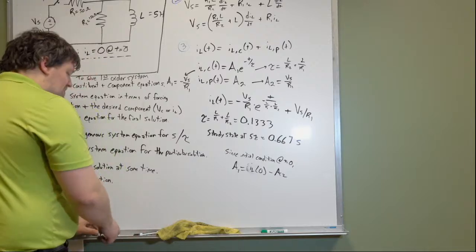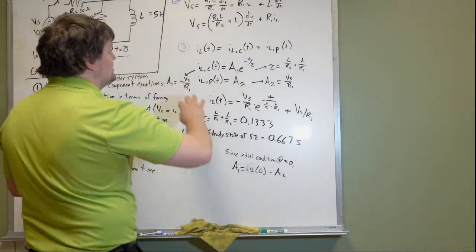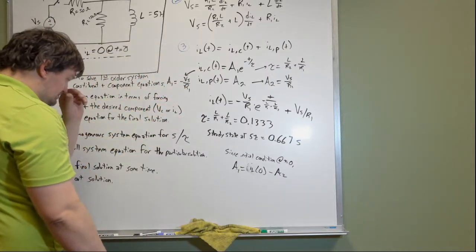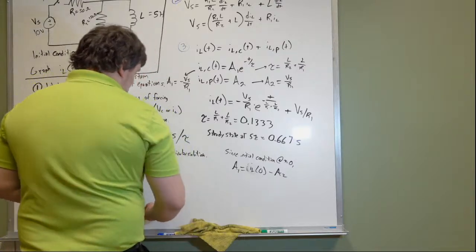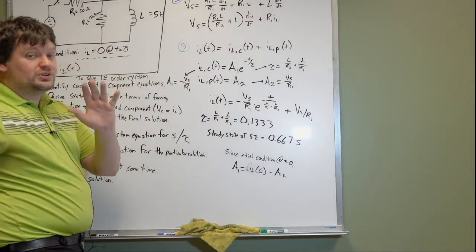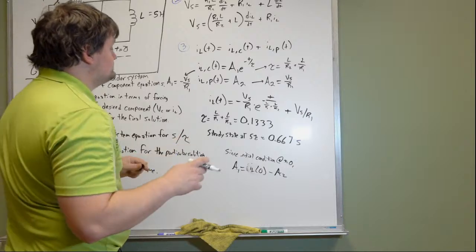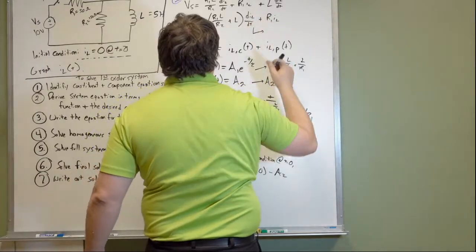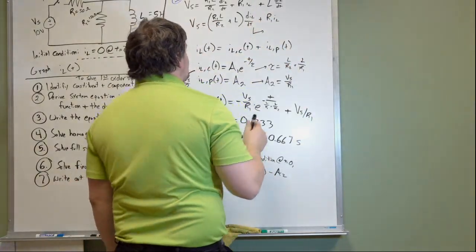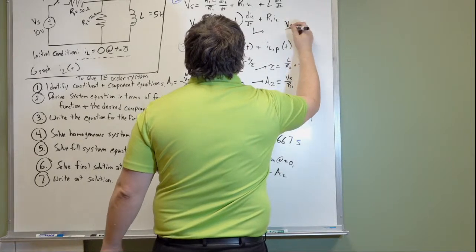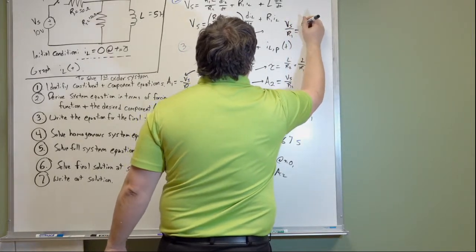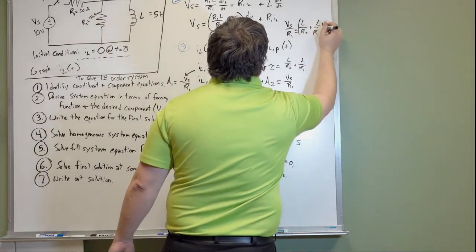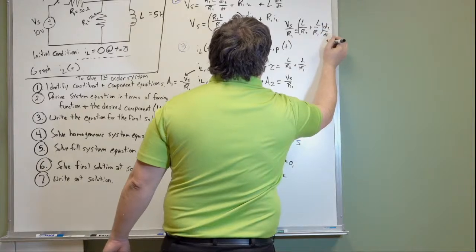I can go back in through here, and one of the really fun pieces of this is if I were to take this initial system equation and divide both sides by R1, what I would end up with is Vs over R1 is equal to L over R2 plus L over R1 DIL dt plus IL.